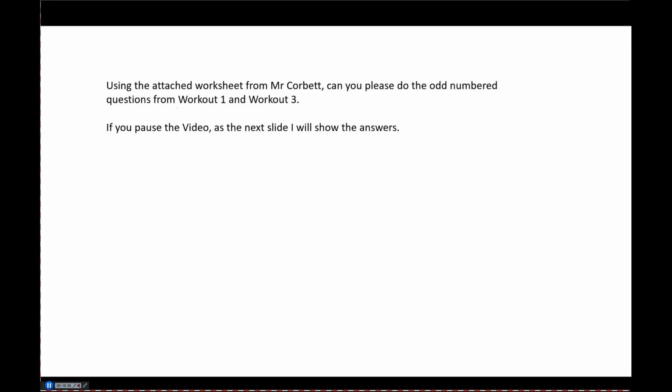So make sure you have a go at both. Please, please, please only do the odd numbers. We don't need to do loads and loads of them, just need a bit of practice. Obviously pause the video now because the answers are on the next slide and I'm sure you wouldn't want to cheat. So have a go at those and then check the answers in a minute.